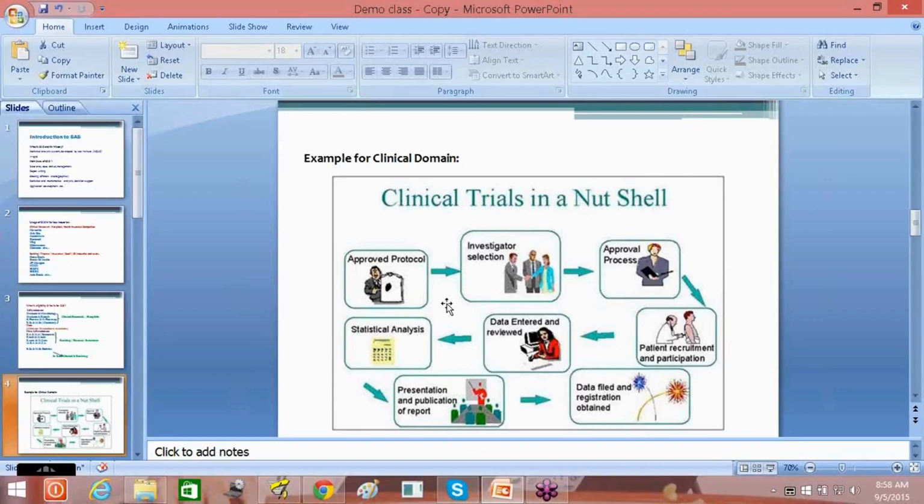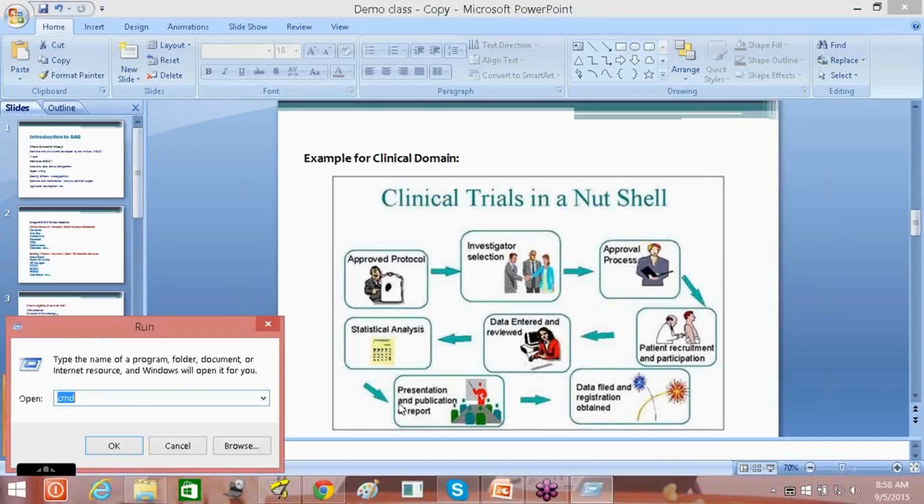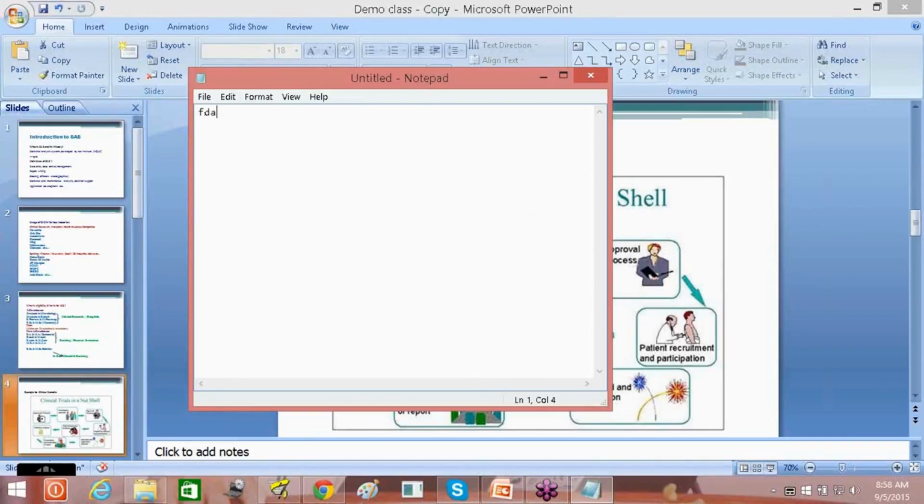They cannot directly introduce the drug in the market because they have to get approval from some authorities, some government bodies like FDA, Food and Drug Administration. So how will they get approval from FDA?